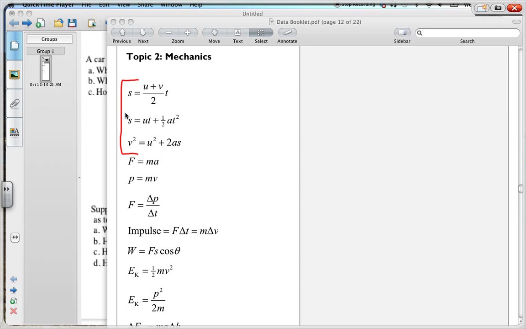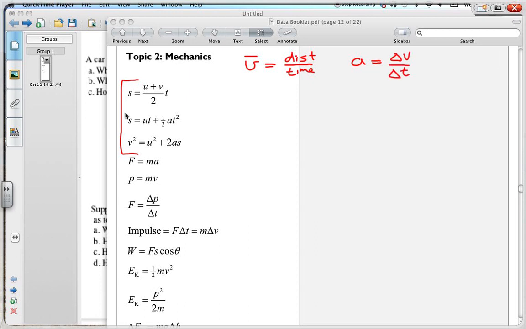So firstly, our average velocity is equal to our distance over time. That's always good to remember. And we have our acceleration is equal to our change in velocity over our change in time.